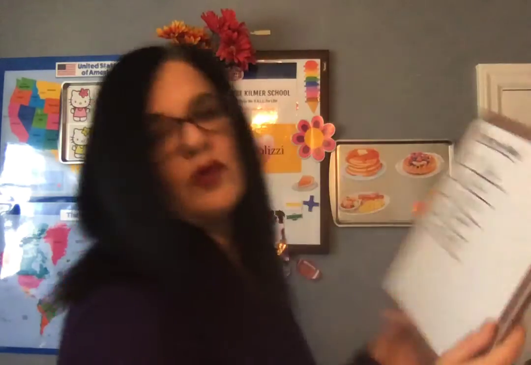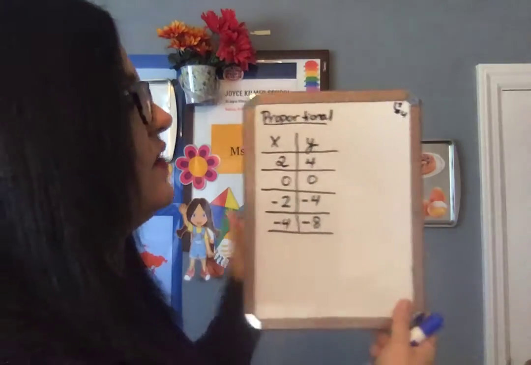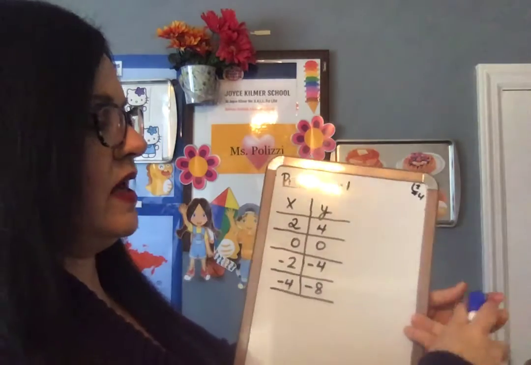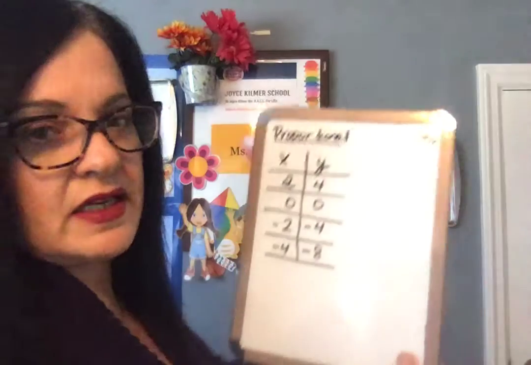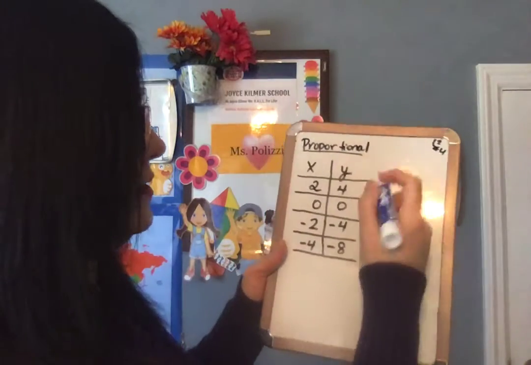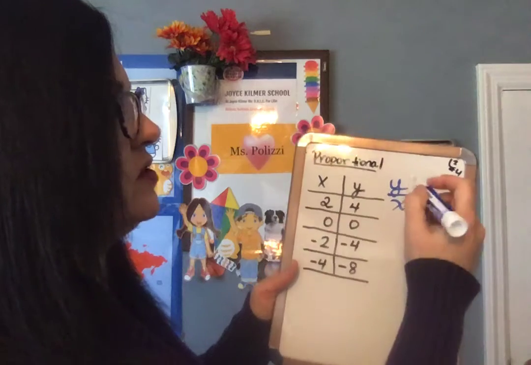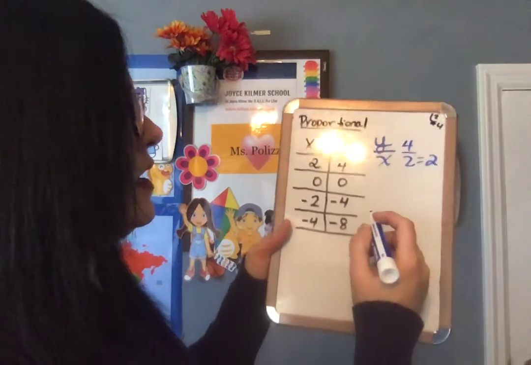All right, so if you have a table of values, you have your x values and your y values. And you can see if there is a constant of proportionality by dividing y divided by x in each case. So the first one would be 4 divided by 2, and that's 2, okay?